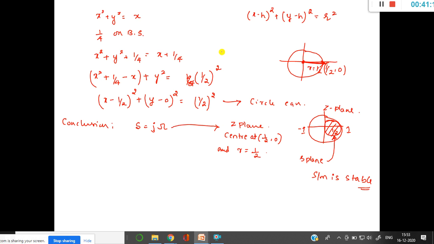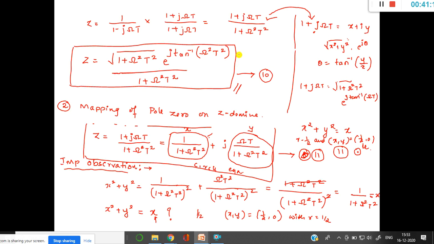So let me consider z with omega equal to 0. So what we see here, z is equal to e to the power of j tan inverse of, so this equation I'm taking because I need to map. So this is a frequency. What frequency? Digital frequency. Okay, omega analog frequency to digital frequency we are trying to move.